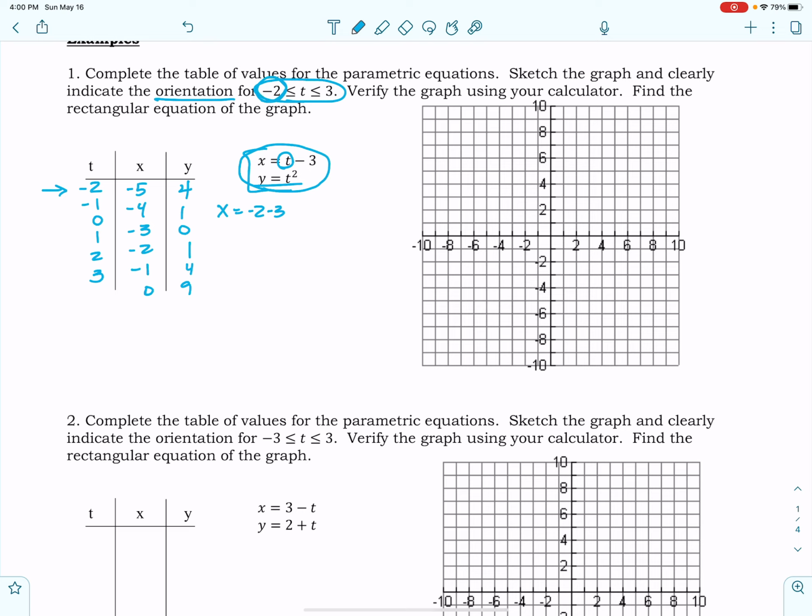So you can think of t = -2 as a starting point or an initial point. We're always going to talk about having an initial point because this shows movement through x and y as t passes. So I'm going to firstly plot all of these ordered pairs on my coordinate plane.